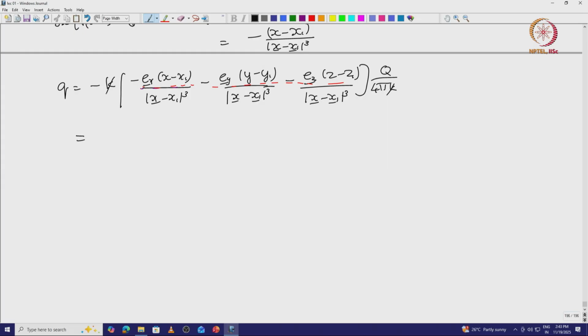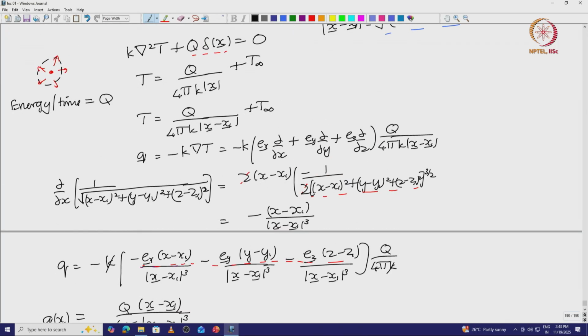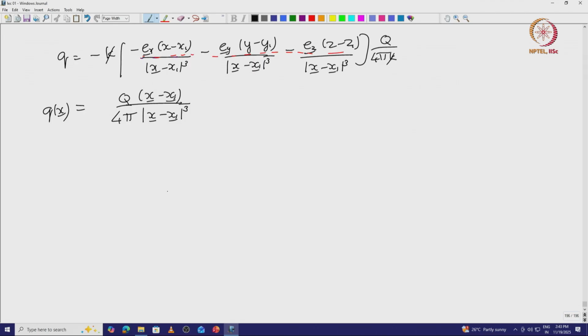The plus, minus and minus will give you a plus sign, and you will just get q by 4 pi into the vector x minus x1 by x minus x1 whole cubed. So, that is the heat flux at a given location x due to this single point source.